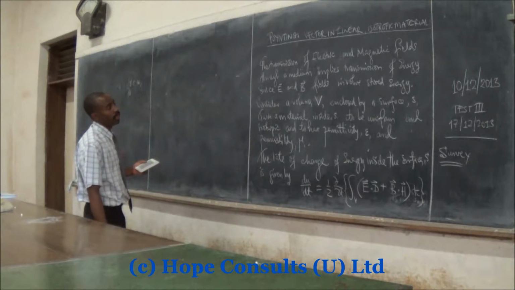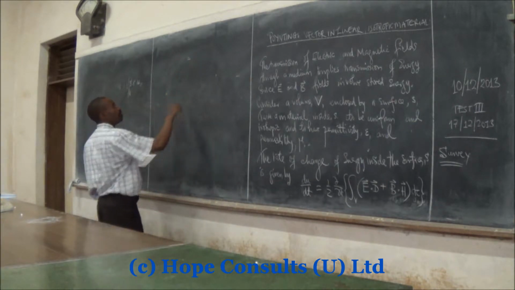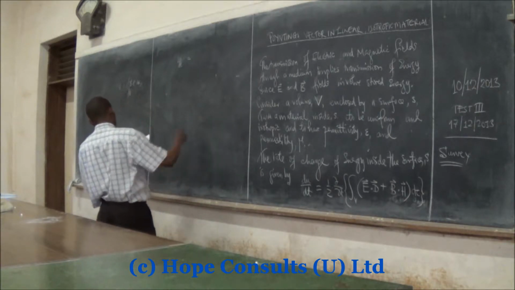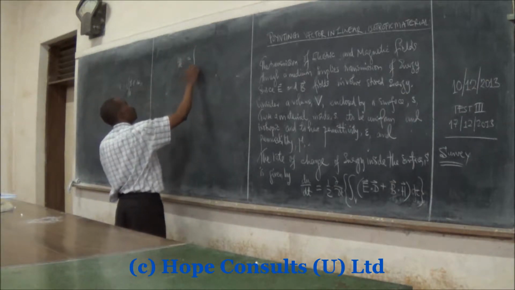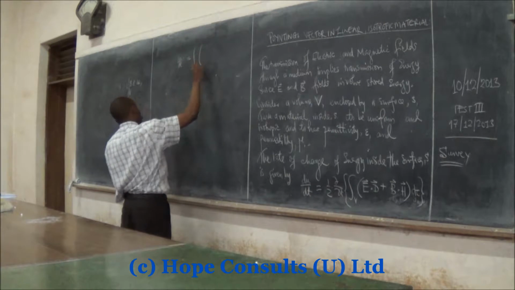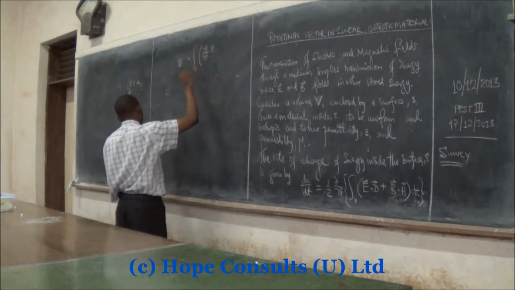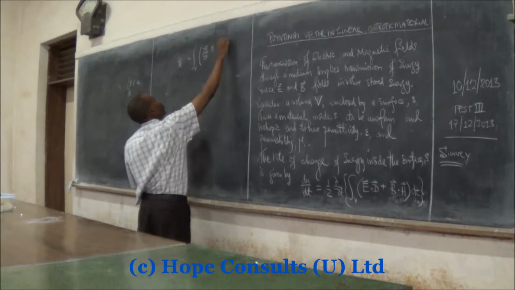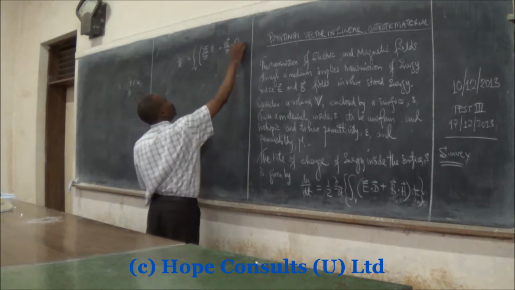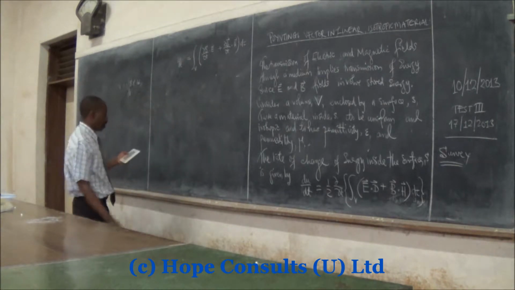This would be the same as the integral of the partial derivatives: E dot partial D by partial t plus partial B by partial t dot H, integrated over the volume d tau.